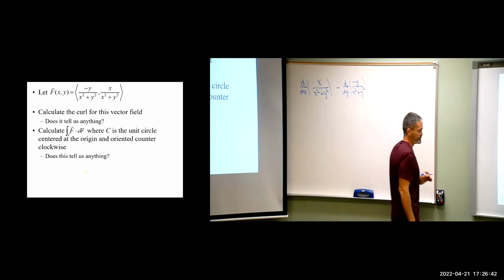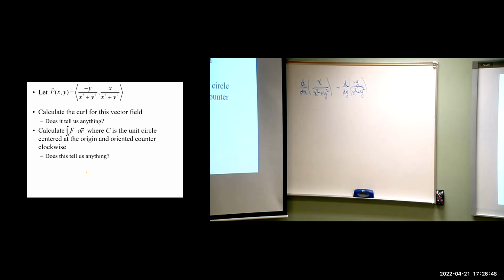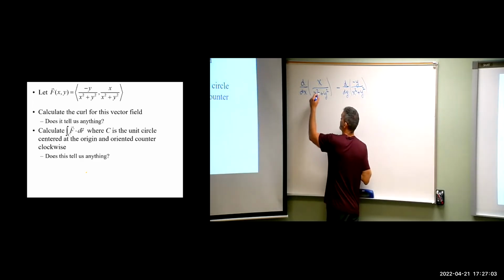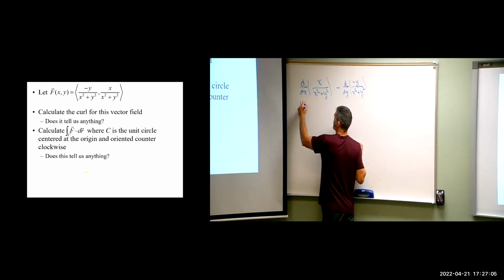Not the prettiest ones that we've ever had to deal with. Quotient rule, or we could set them up as a product. Let's just use quotient rule. So quotient rule is, leave the denominator alone times the derivative of the numerator with respect to x.